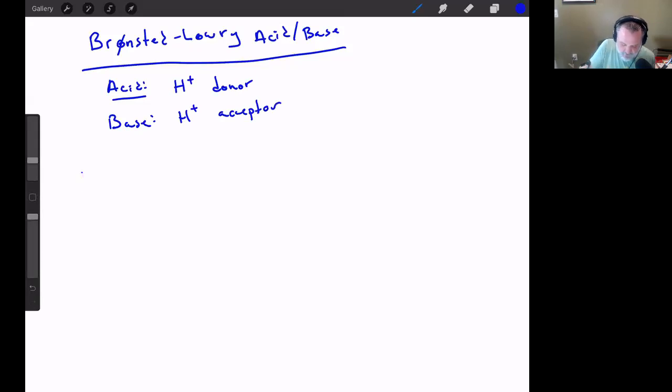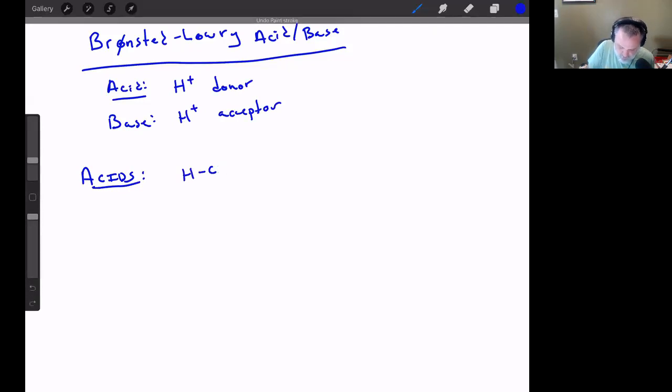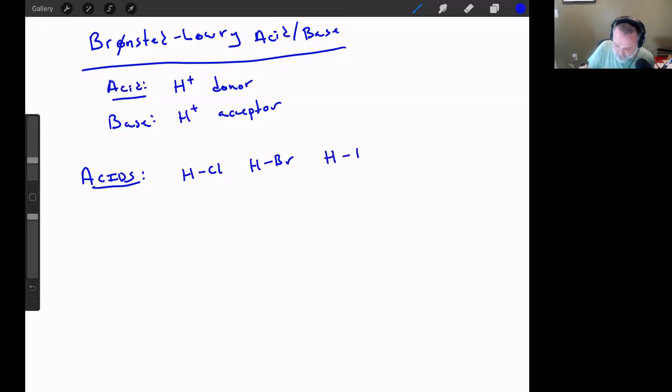And so what are some examples of Bronsted-Lowry acids? Well, any of your typical halogen-based acids, HX. Any of these oxo acids that you're familiar with.